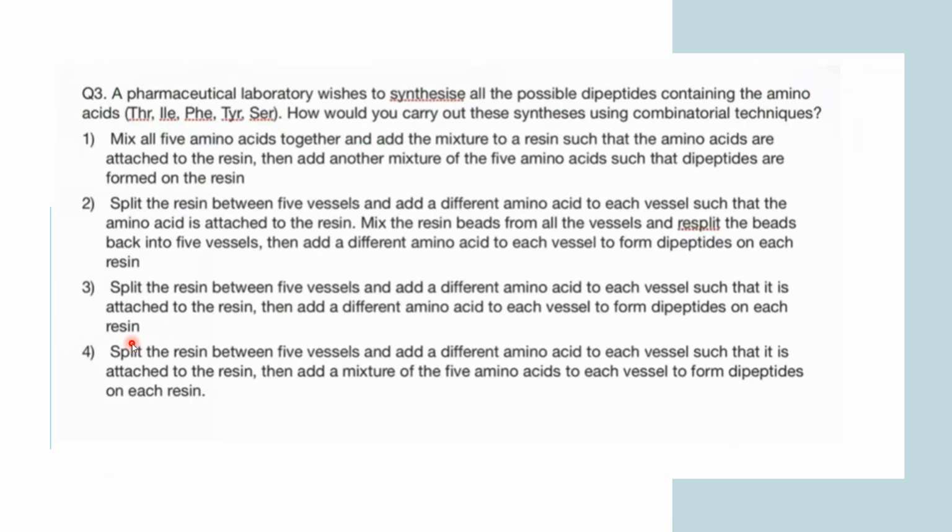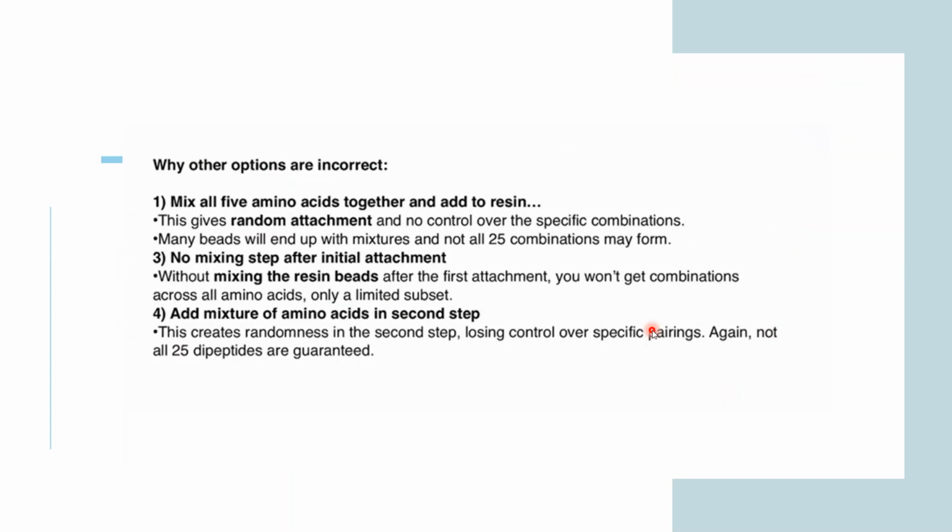So if you read it out, it says split the resin between five vessels, add a different amino acid to each vessel. That is right, such that it is attached to the resin. This much is right. Then add a different amino acid to each vessel. So you are not mixing the resin beads here. If you are not mixing them, you won't get the combinations of all the possible amino acids.